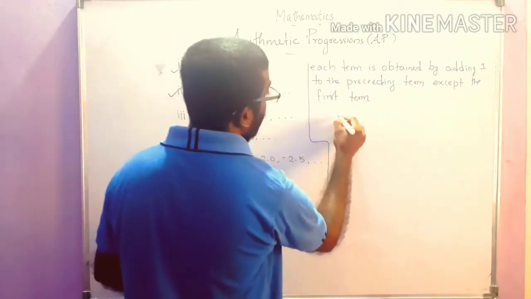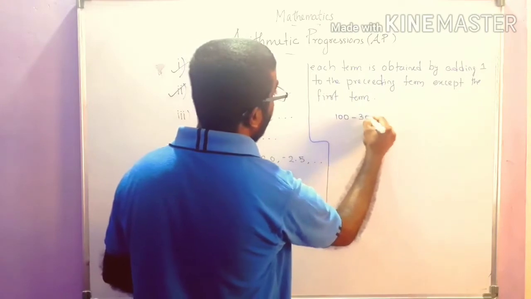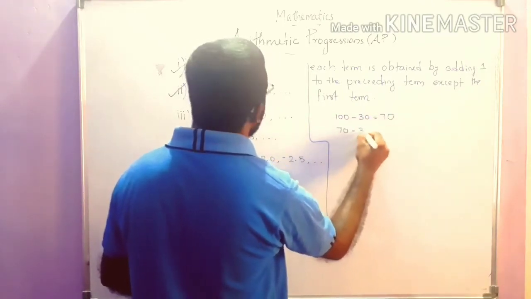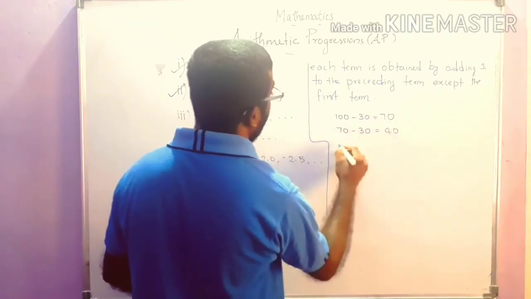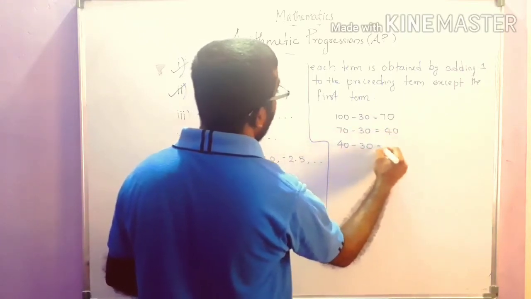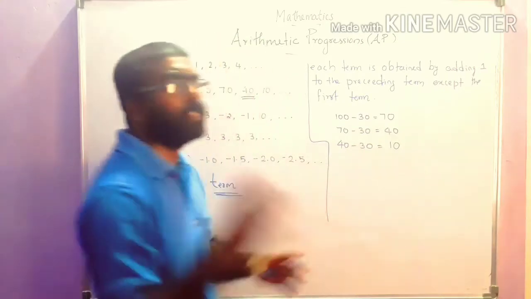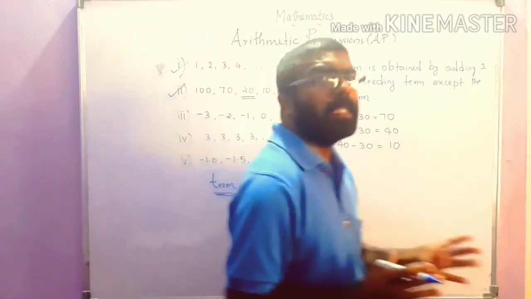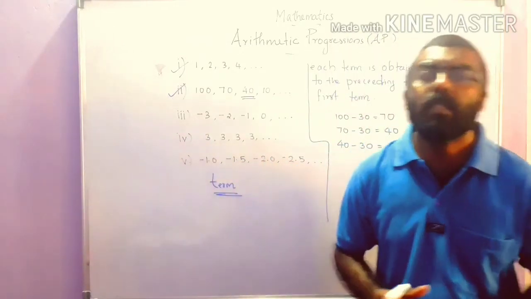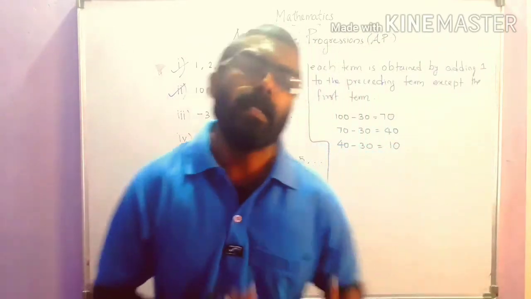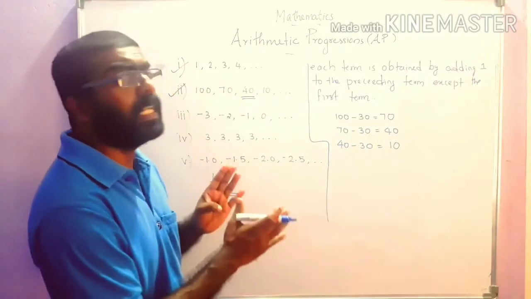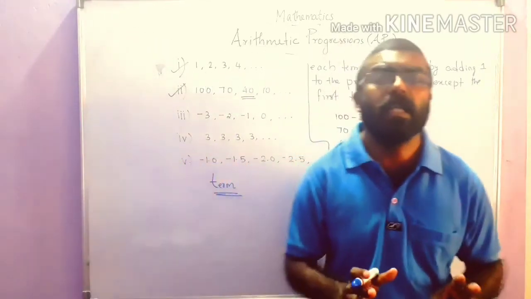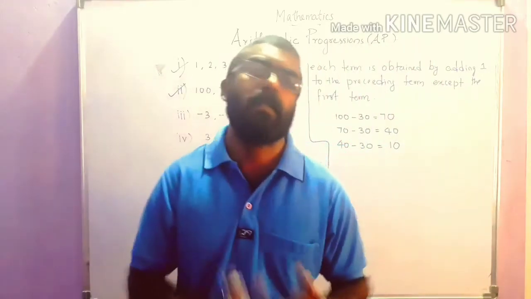That is, 100 minus 30 gives 70, 70 minus 30 gives 40, 40 minus 30 gives 10, and so on. So here we can say that each term is obtained by subtracting 30 from the preceding term.